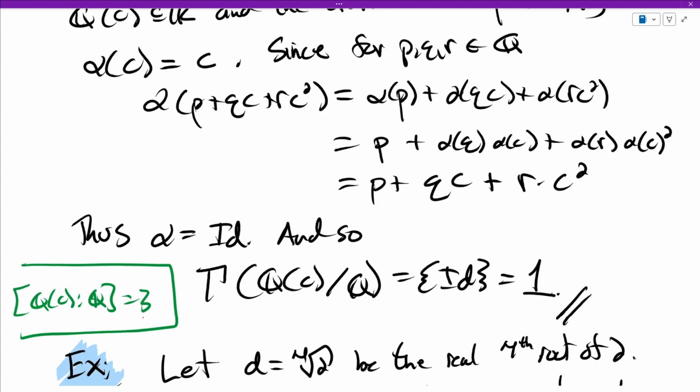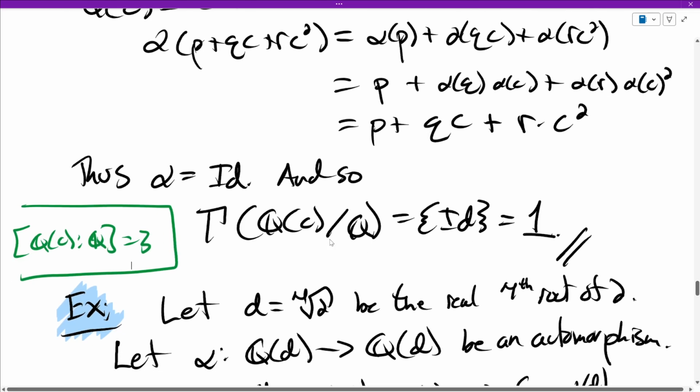What is different here? Well, we didn't have access to all the roots that we needed if we added in a cube root of 2. We only had access to one of them. And so there's a discrepancy here. The order of the Galois group is less than the degree of the extension. And we're going to find out it's always less than or equal to. And it's equal to provided you always have access to the roots you need.